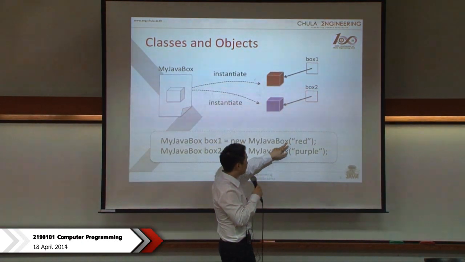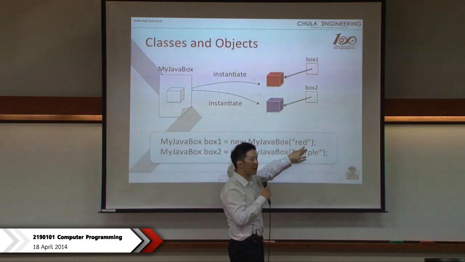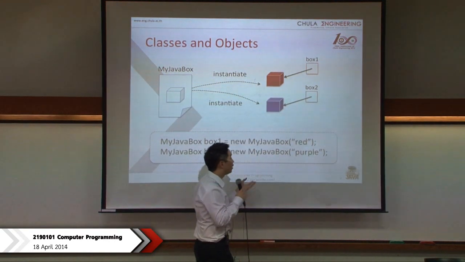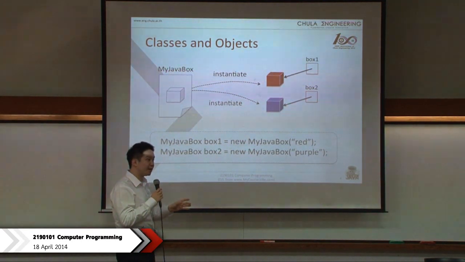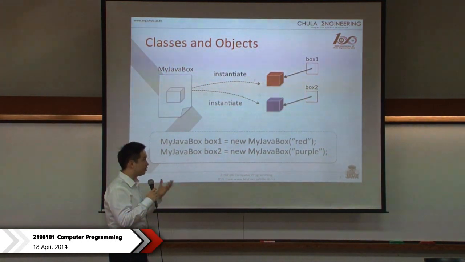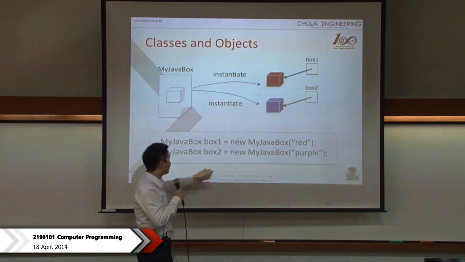And if you remember, when you do something like this, this is actually passing a parameter into the constructor. And if you recall, a constructor is a special method which has no return type, and that is used to initialize the object that you are creating. Okay?